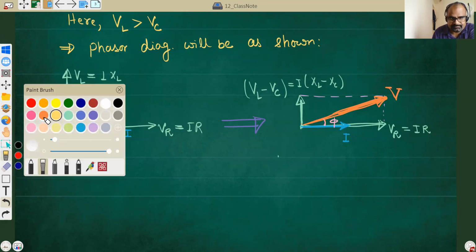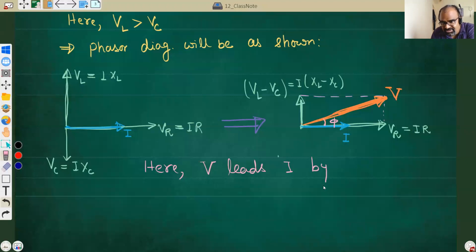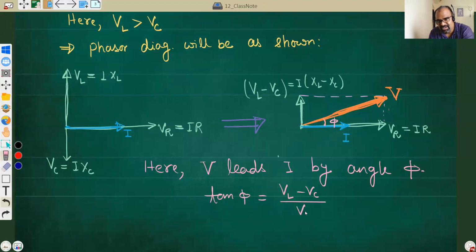So here, as it is clear, V leads I by how much angle? By angle phi, and tan phi will be how much? In this triangle, tan phi will be this by this. Now this is VL minus VC, so VL minus VC by VR.